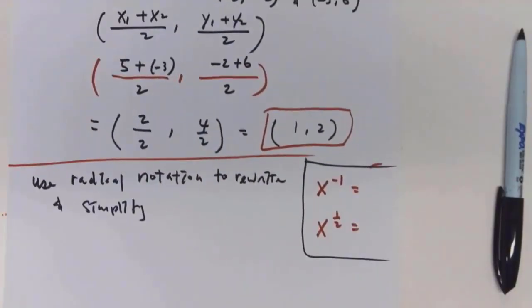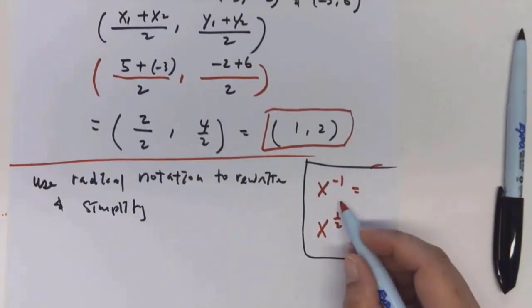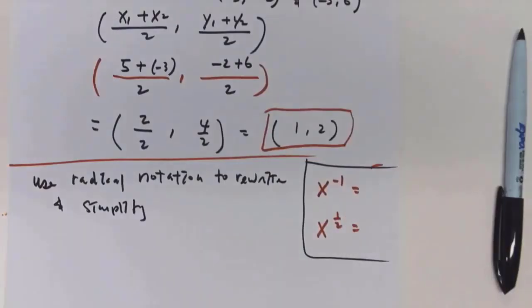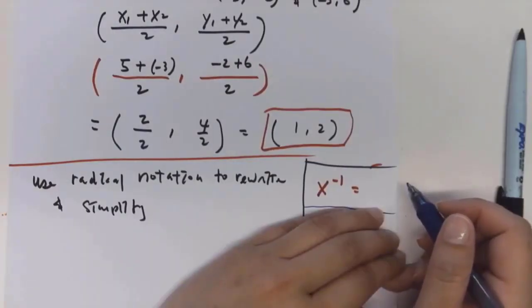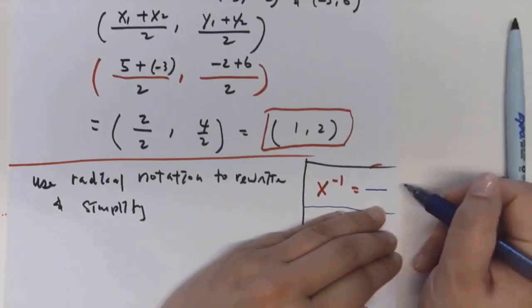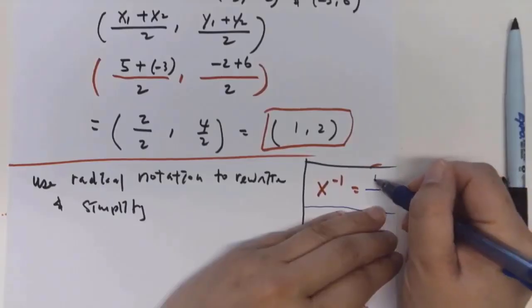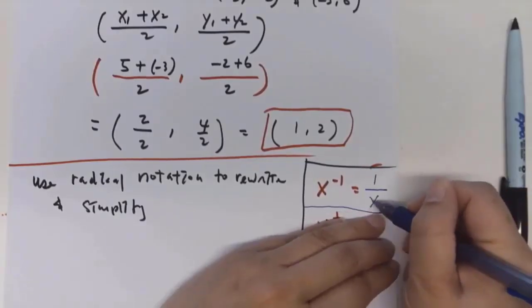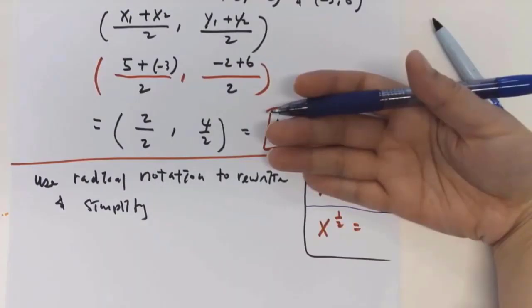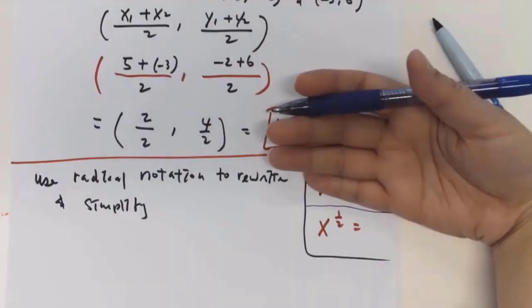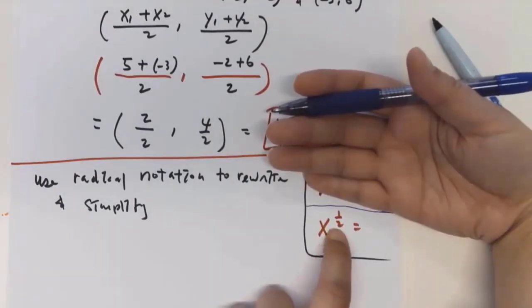What are they? If I want to rewrite this without the negative, it will become what? When you have a negative exponent, how do I write that as a positive exponent? First one. What's on top? 1 over. If I don't want the exponents, what would that turn into? This is your root number. How do I write that?